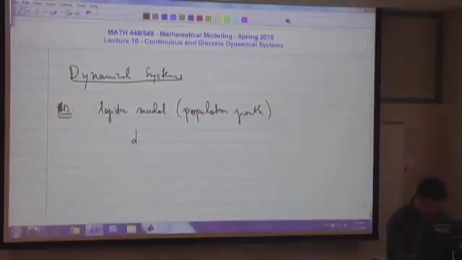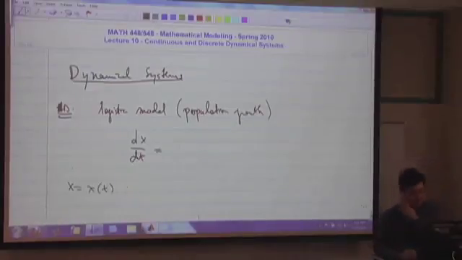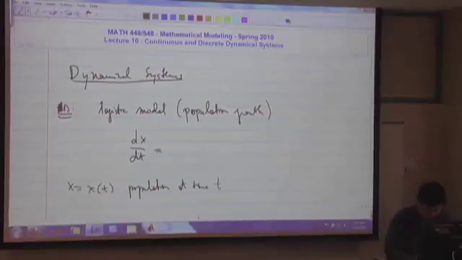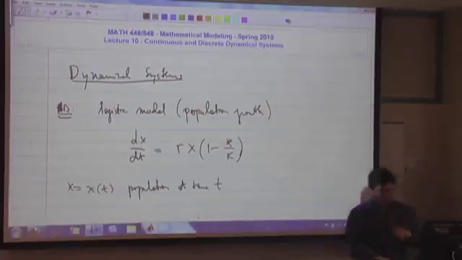If I have x as a function of t, it's monitoring the population at time t.